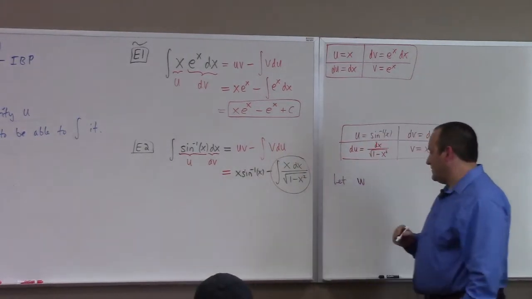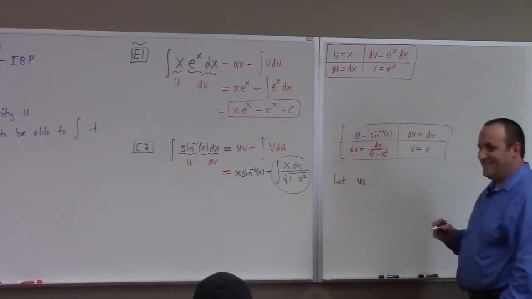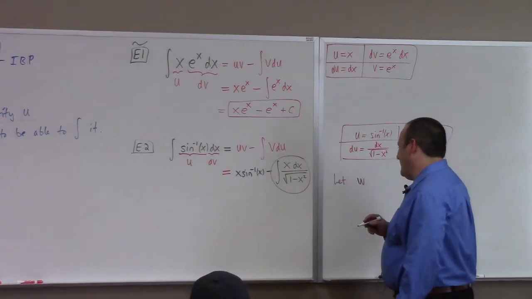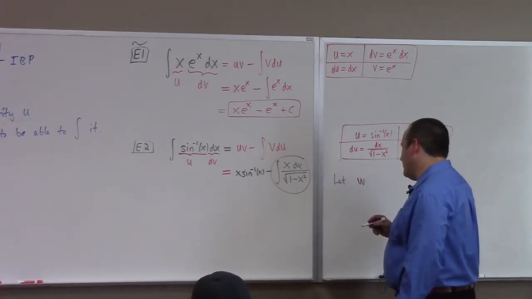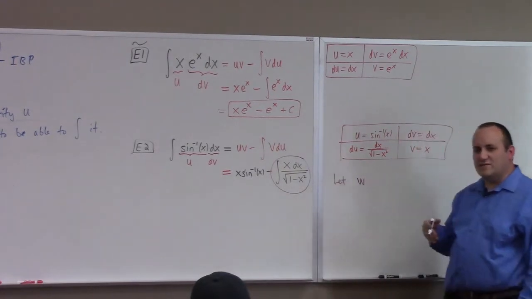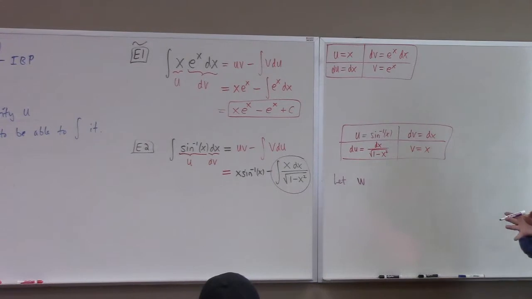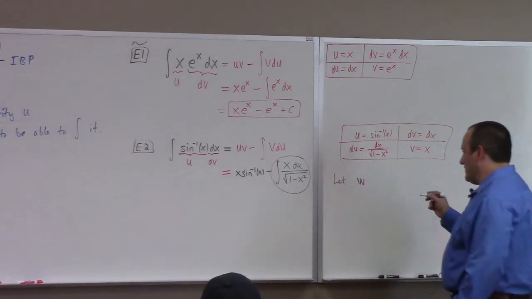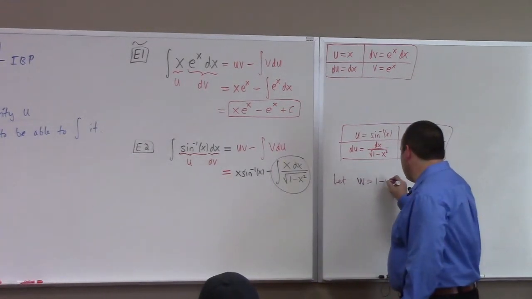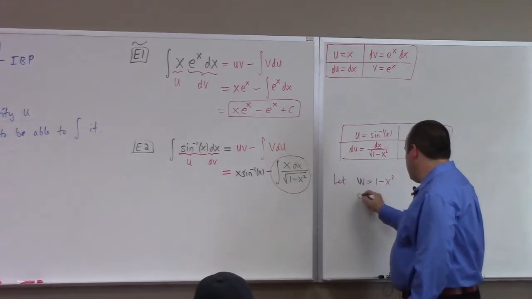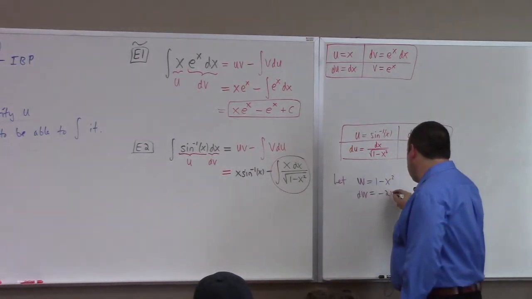Let w equal what? x squared. Yeah, you guys who did x squared, that's okay. It would still work out for you, but it's lazier to let w equal 1 minus x squared. So let's be lazy. Because then dw is minus 2x dx.